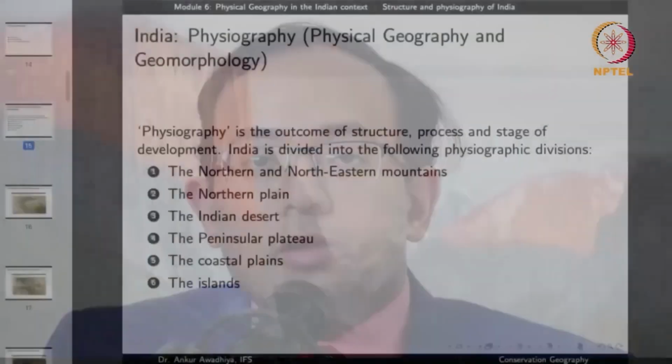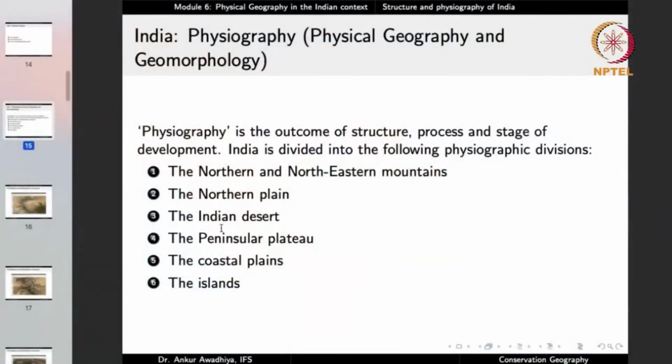So both of these rivers join together, the Ganges and the Brahmaputra, and then they begin to move from north to south direction. And when they drain into the Bay of Bengal, they form a very large sized delta which is the Sundarbans Delta. So these are the northern plains.